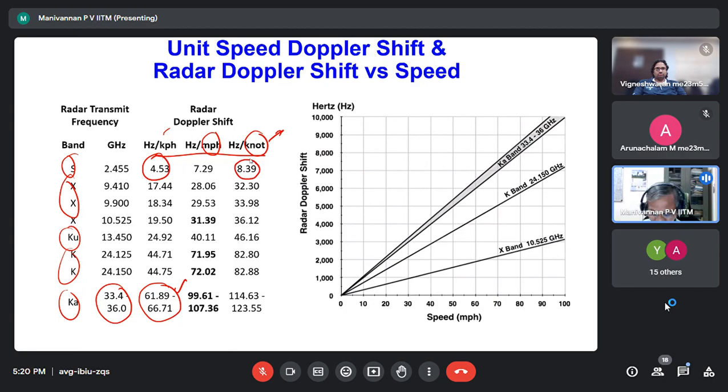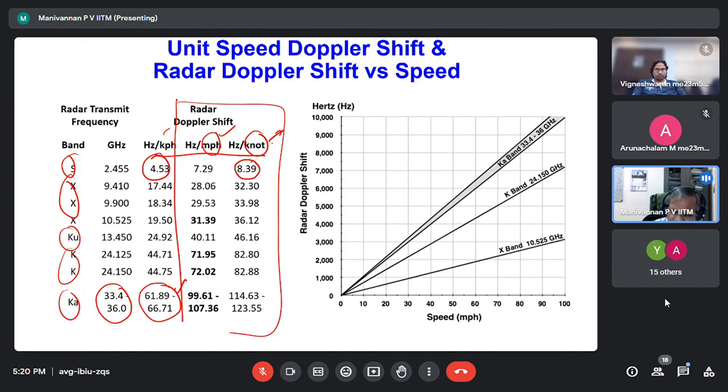Nautical knots, I don't remember exactly. Maybe somebody from the Navy or a merchant vessel can tell. Fine, but basically this is what it is. This is given for other units also, miles per hour, knots per hour. If the vehicle speed changes, that is what is shown here.